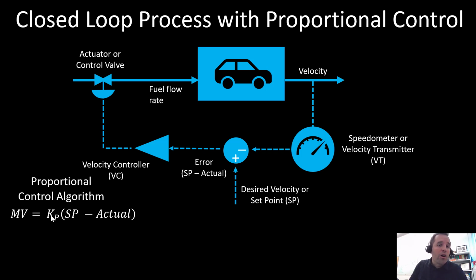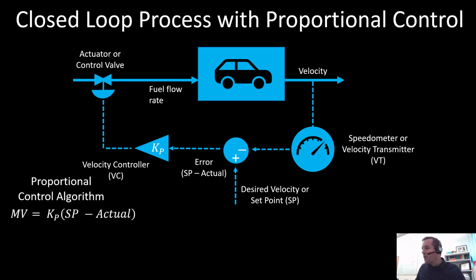This is called our proportional controller gain. So that's where this sub p comes in. This is what we're going to call a tuning parameter. This is something that we would set so that we see the desired outcome coming from our controller. So that kp would show up here. We would take our error signal, multiply that by some proportional controller gain, and that's going to give us the value that we set our fuel flow rate at.